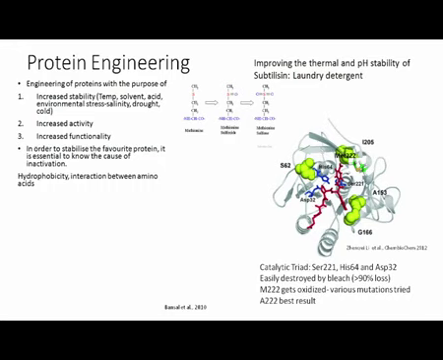So, after getting all this information, they changed this amino acid, methionine 222, without causing any change in the histidine, serine and aspartic acid catalytic triad. They changed this methionine to alanine, and once you change this to alanine, then this protein becomes stable, because alanine cannot be oxidized by bleach. So, that is a very successful story where the subtilisin has been improved.